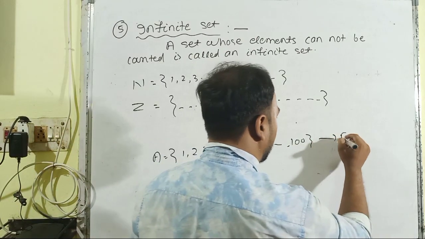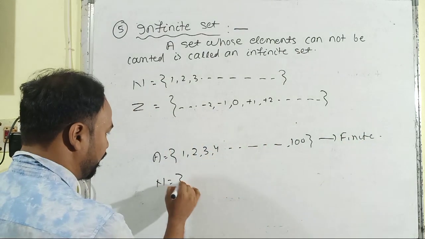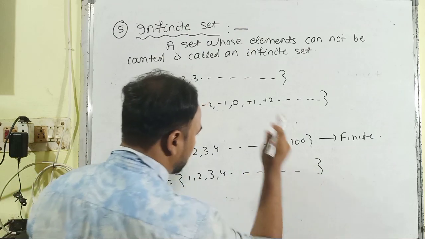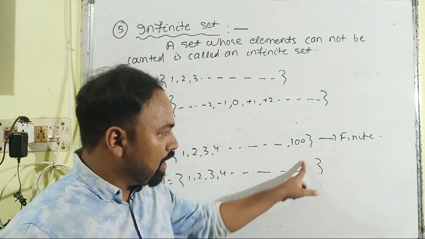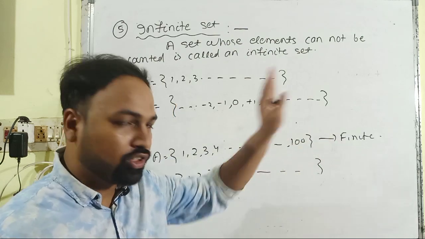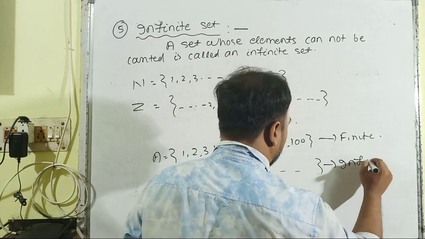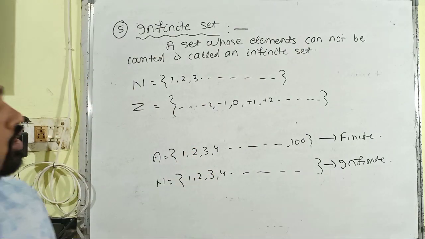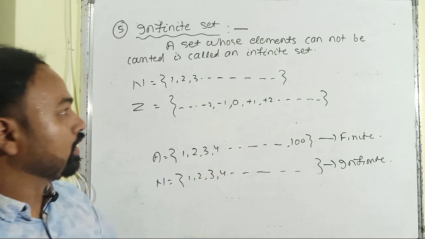But if the set is given like 1, 2, 3, 4 ... and the last number is not given to you, that means the last part is empty, it is proceeding towards the right hand side, then it is called an infinite set. So these are the little things that you have to consider. What is the difference between finite and infinite in these two cases?